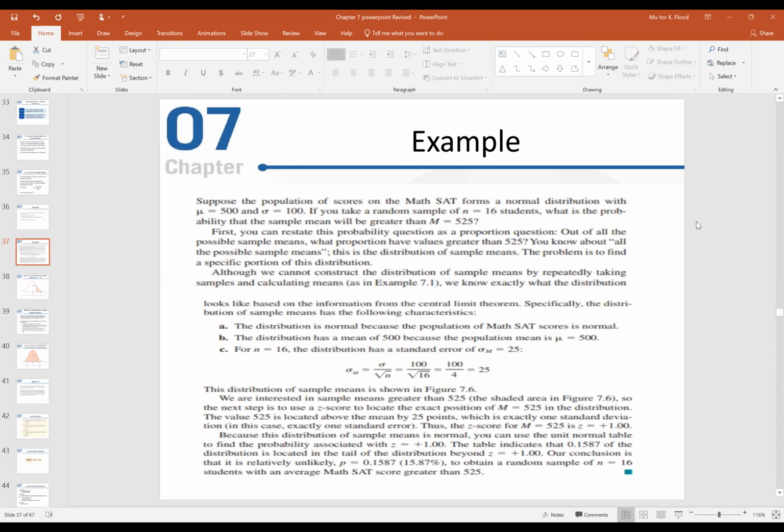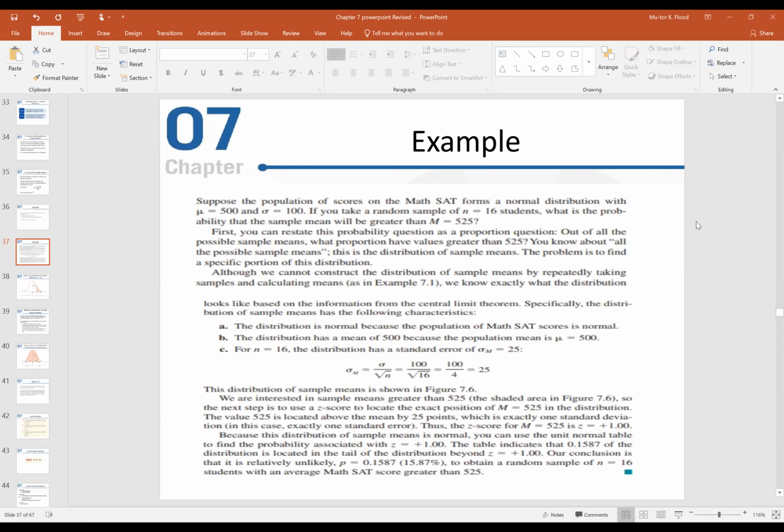Because the distribution of sample means is normal, you can use a unit normal table to find the probability associated with the z-score of 1. The table indicates that 0.1587 of the distribution is located in the tail beyond the z-score of positive 1.